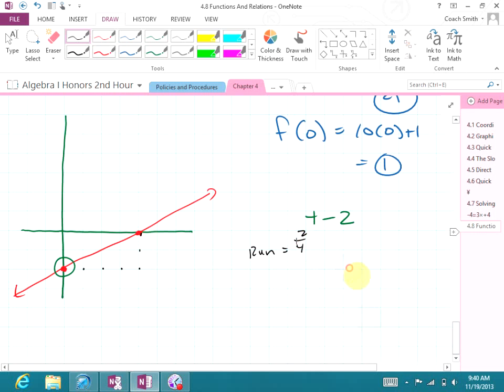So your rise is equal to 2. And what does that equal? 1/2. So that means 1/2 x. That's what your slope-intercept form would be. Which one is that? C.